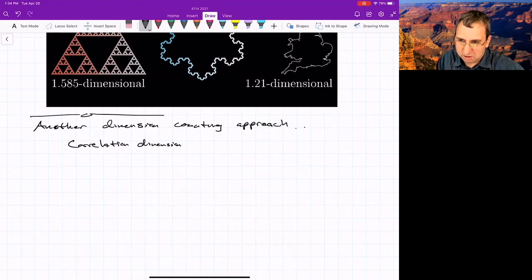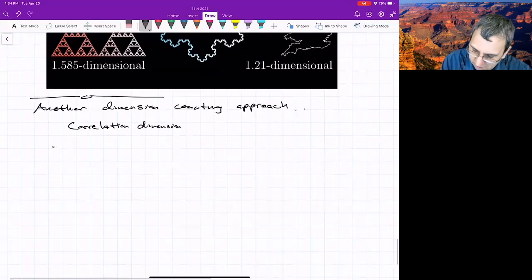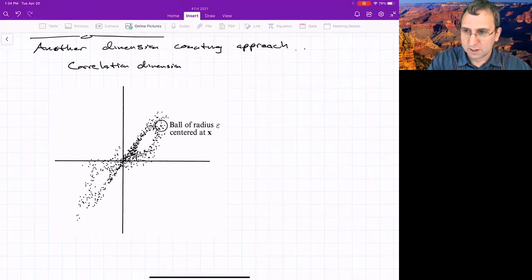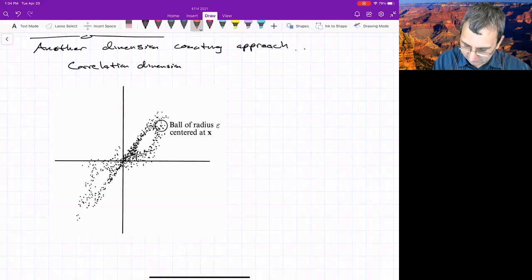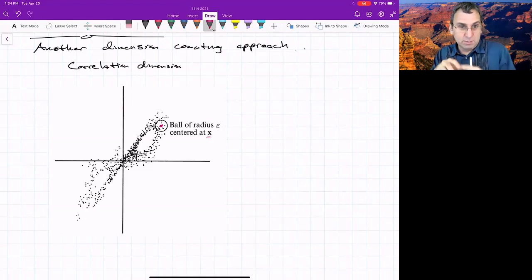So if we had some kind of weird thing, let's show a weird thing. This thing is called the correlation dimension. If we have a point, let's call this point x, and we've got a ball. In this case, let's think maybe this is just in 2D.